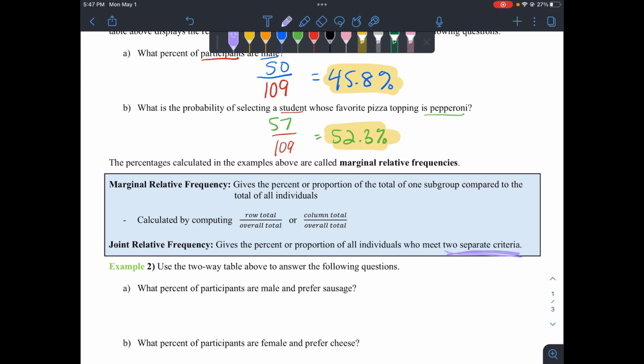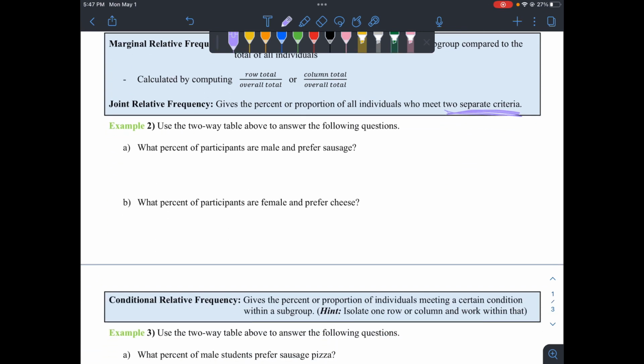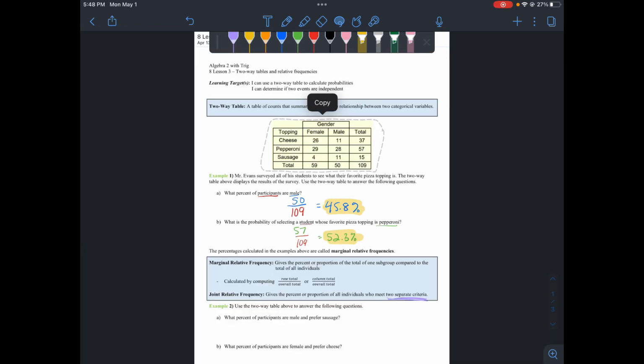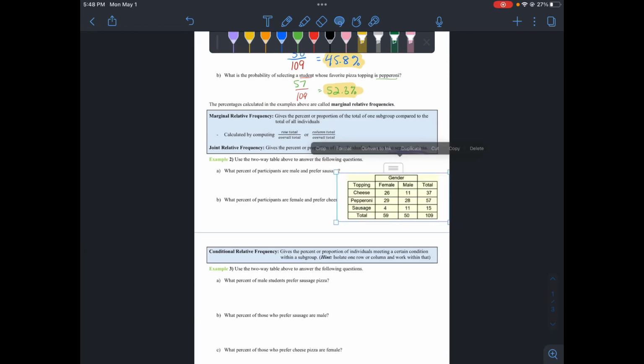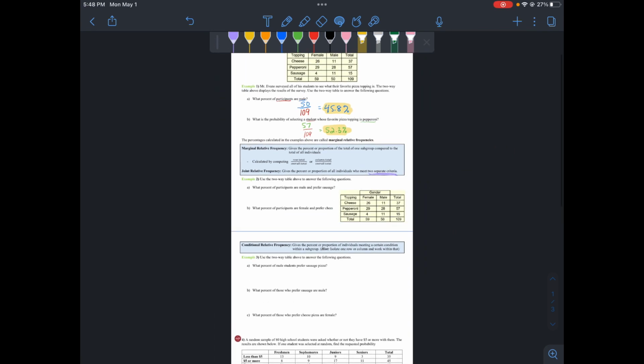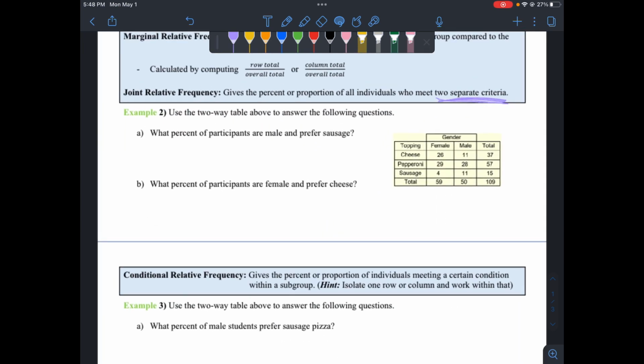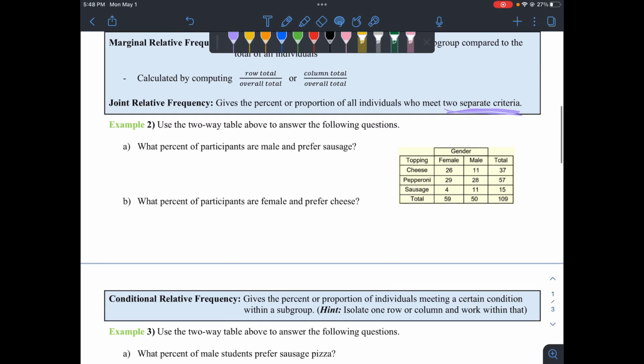Now, if we look at the table for example 2, this is the same table that we just looked at. We've got our table here. So if we use that same table, just kind of copy and paste it, we want to know what percent of participants.